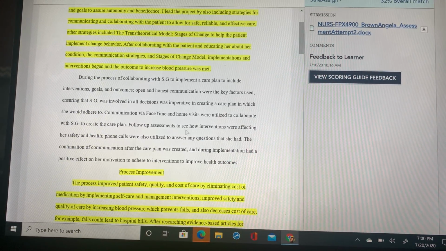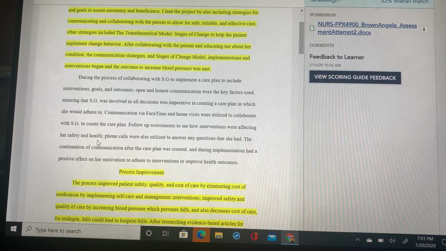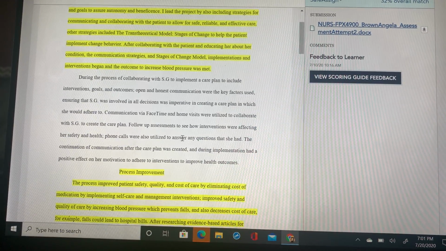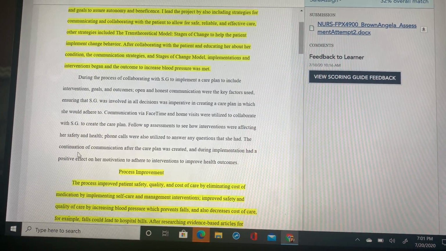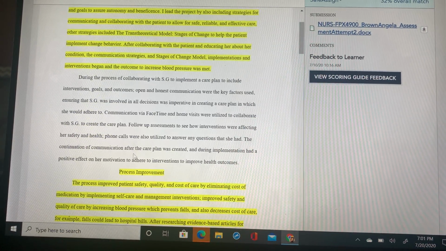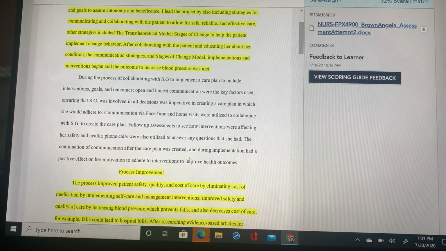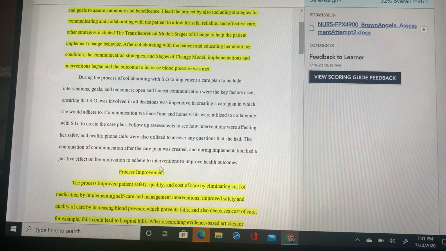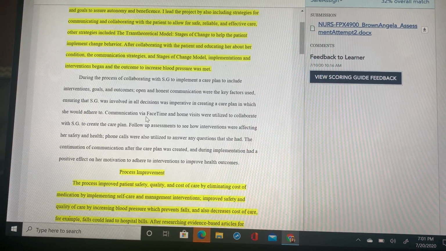Follow-up assessments to see how interventions were affecting her safety and health. Phone calls were also utilized to answer any questions that she had. The continuation of communication after the care plan was created and during implementation had a positive effect on her motivation to adhere to interventions to improve health outcomes. It's all about the patient.